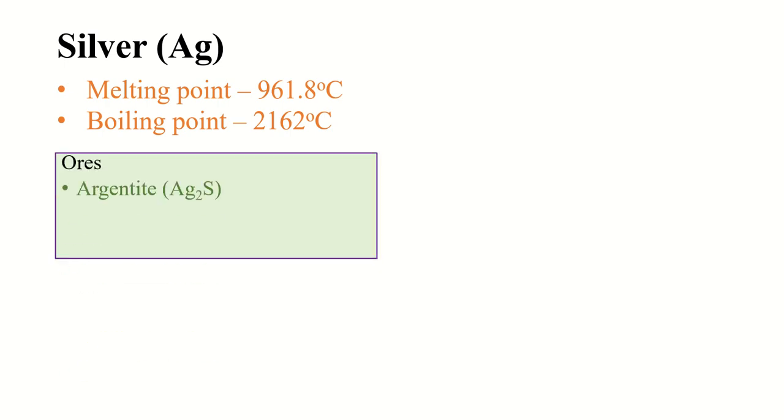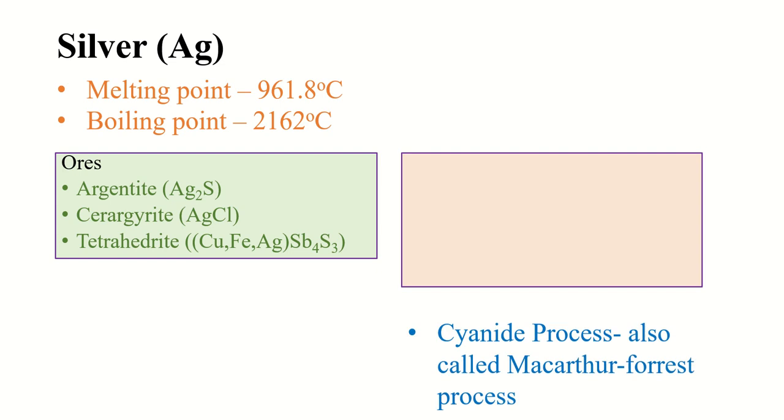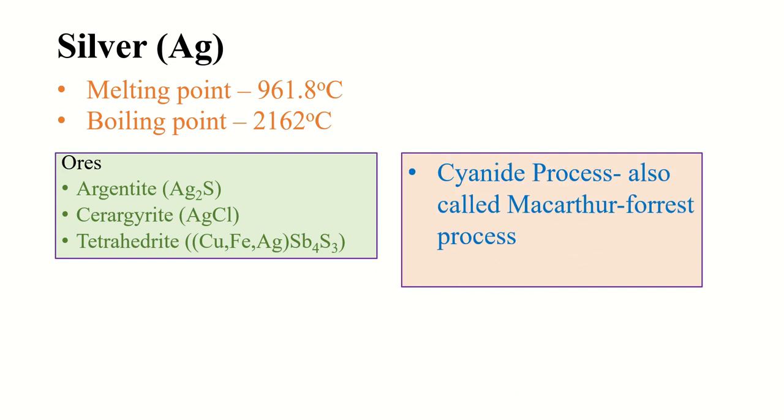The important ores are argentite, cerargyrite and tetrahedrite. So these are some important ores of the silver. The cyanide process, called the MacArthur-Forrest process, and the Parkes process are also used for the refining of the silver.